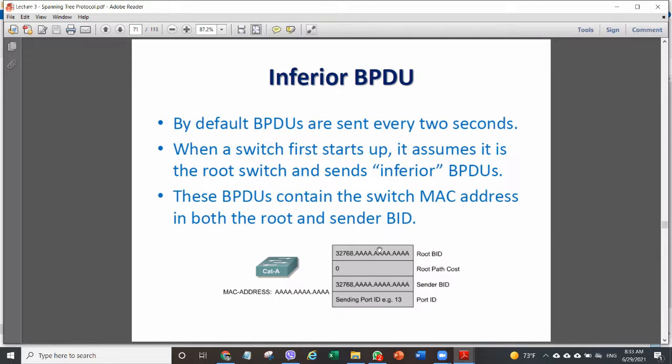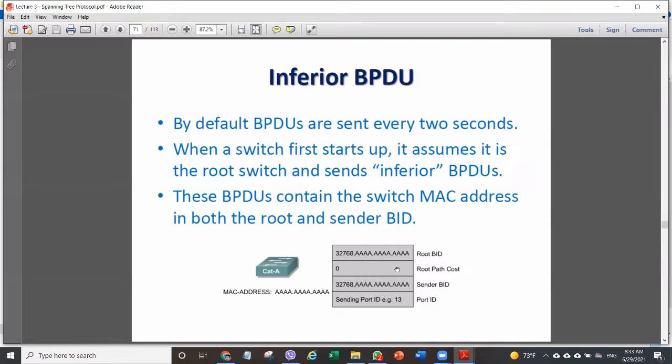That means the root bridge ID and the sender bridge ID related MAC are the same. Can you understand? The first and third are the same because it is the root, and the root path cost is also 0. Root path cost is 0 because it is the root.